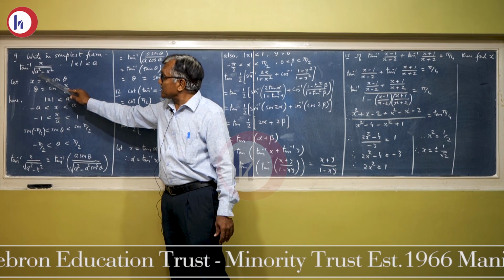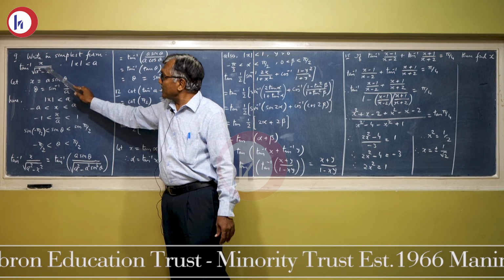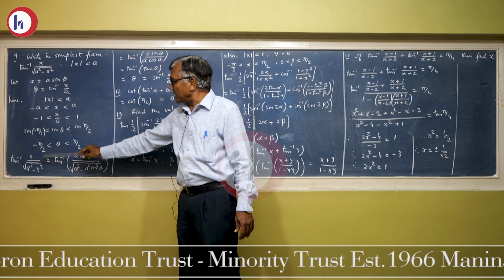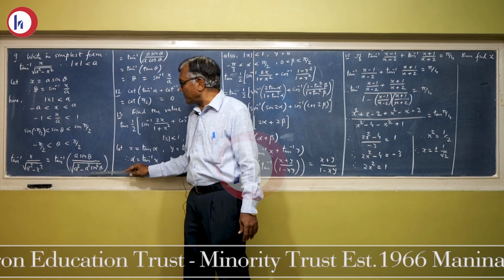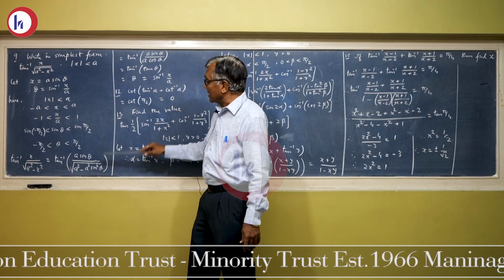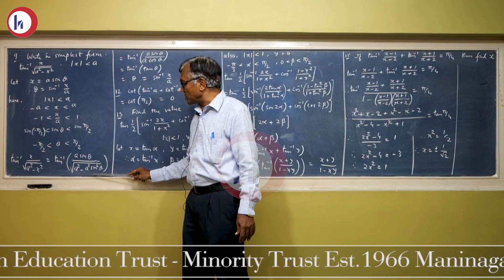Let us write again this given sum. tan inverse x upon square root of a square minus x square is equals to, what you assume, substitute. So tan inverse a sin theta upon square root of a square minus a square sin square theta. A square common, so 1 minus sin square theta, that is a square cos square theta. Square root of a square cos square theta is equals to a cos theta.